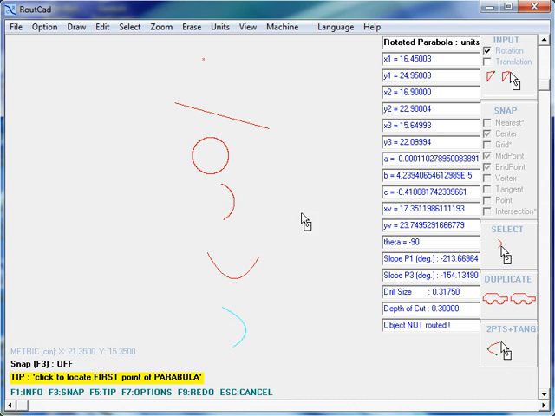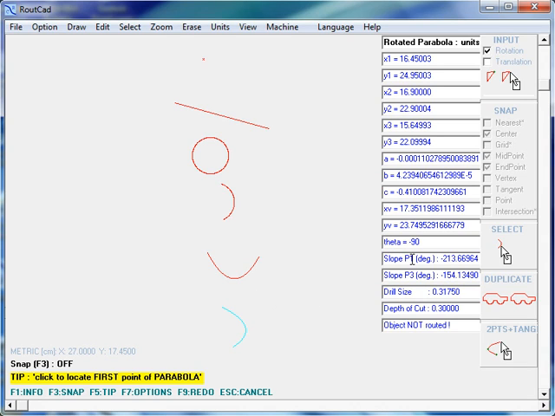It has A, B, and C coefficients, and it also has some other properties. It has XV and YV. These are the coordinates of the vertex of the parabola, and it also has an angle called theta, which is the angle of rotation of the parabola.